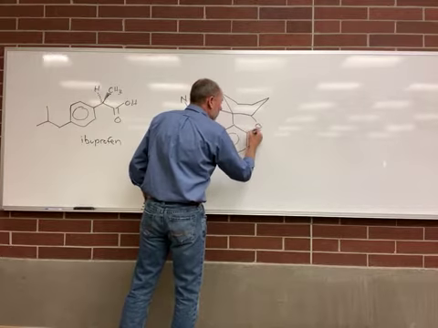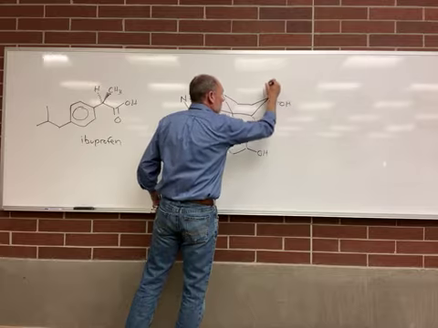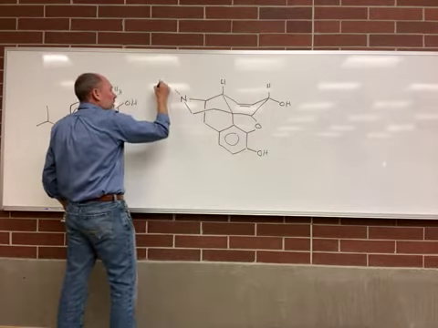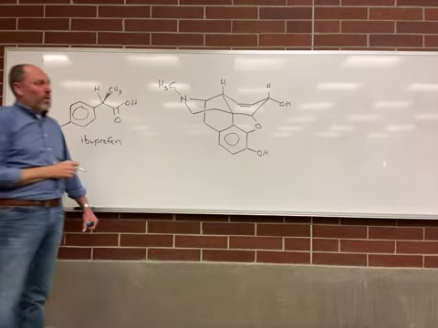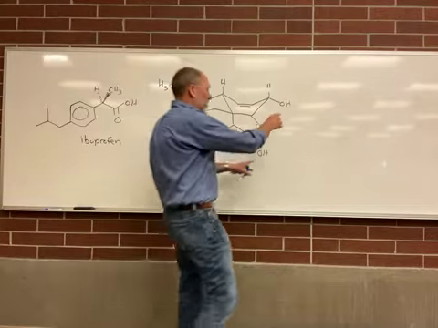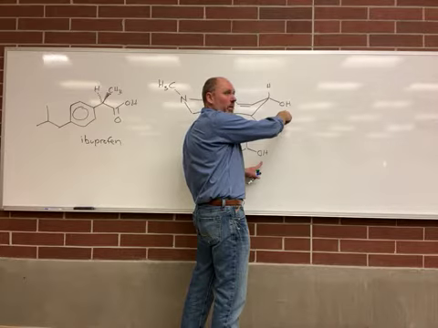So when you start to look at these functional groups, anybody remember that one? What was that one? That's morphine. Notice that morphine has 2 alcohols. When I react an alcohol with a carboxylic acid, what functional group do I get?